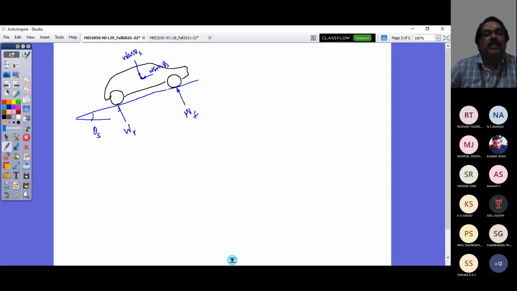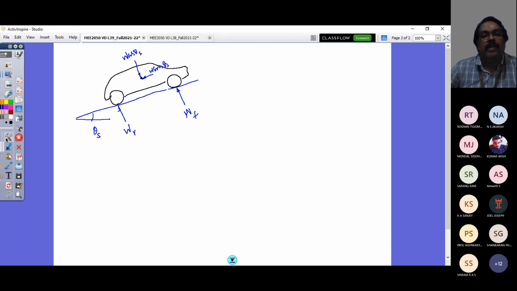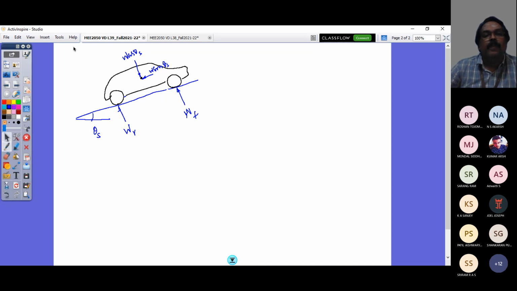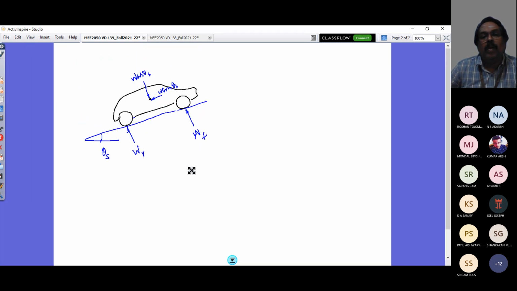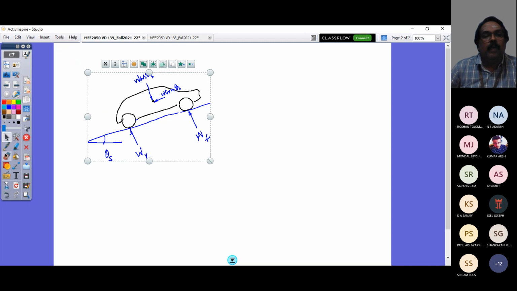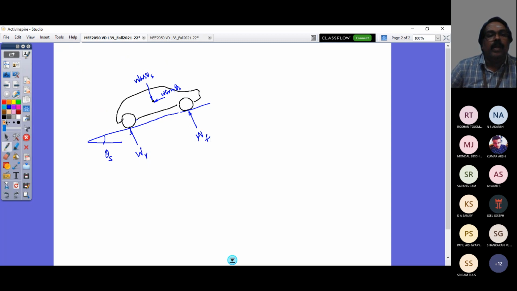Now the vehicle is braking. This is the braking scenario of our vehicle. And here what we are studying is braking.